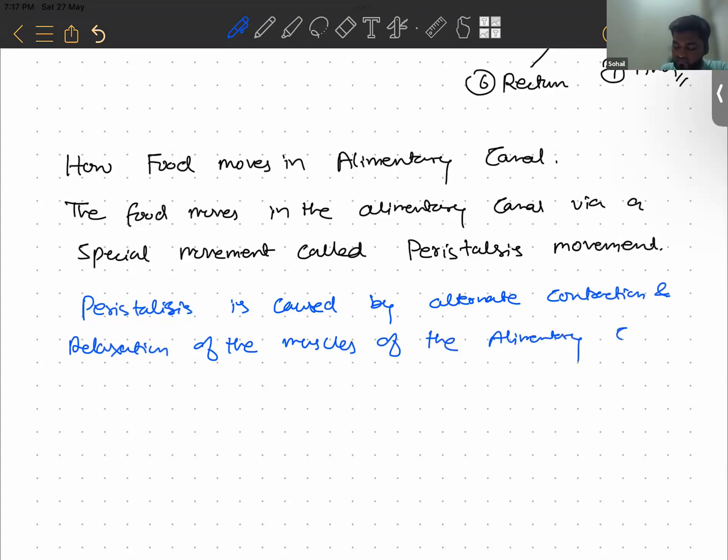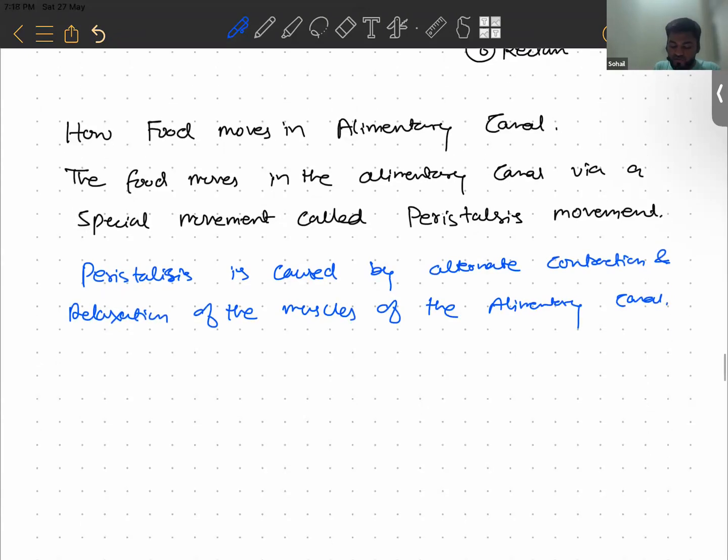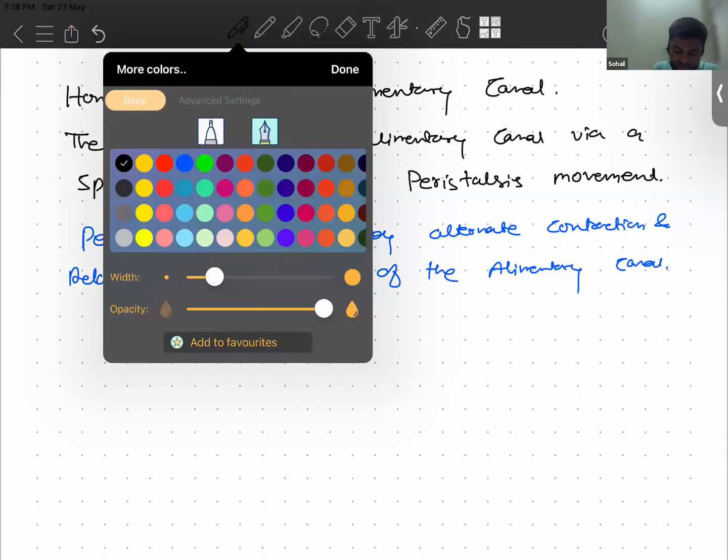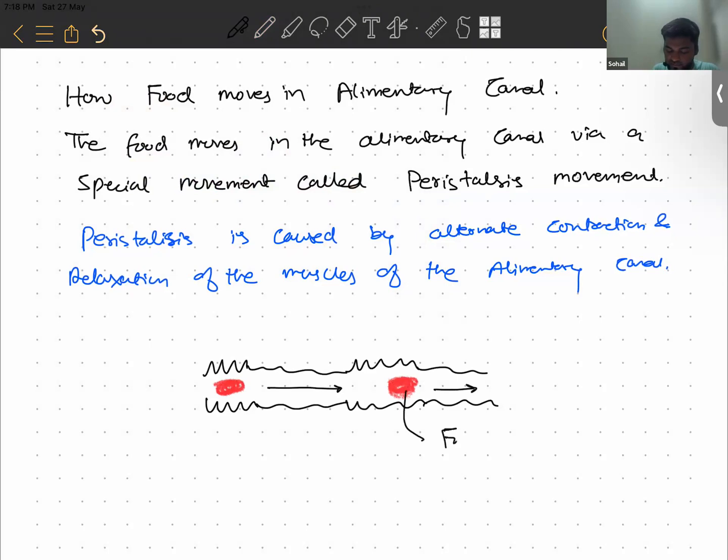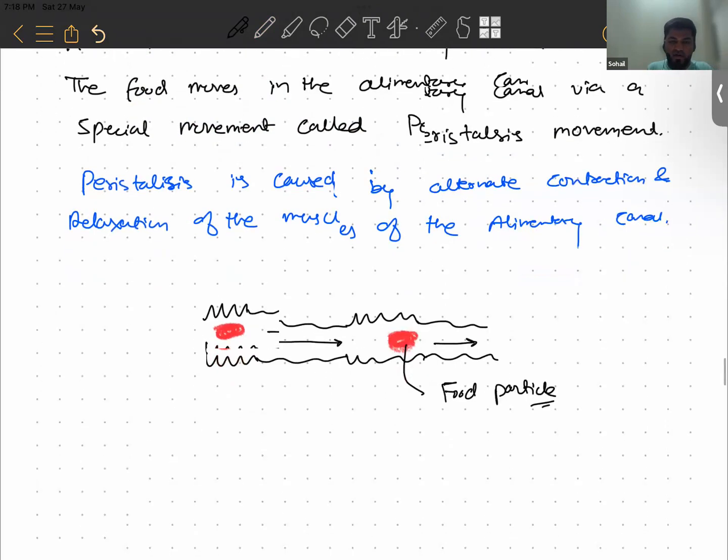So the muscles will first contract like this, and then they will be relaxed. Again, they will contract like this, and then they will be relaxed, and the food particle will get passed like this. That is a food particle here.